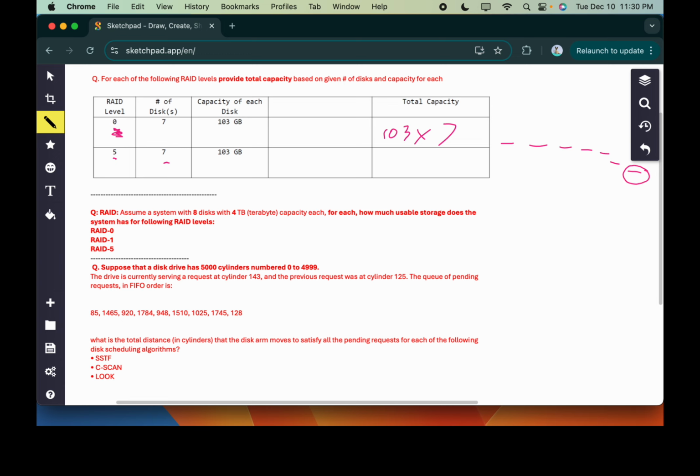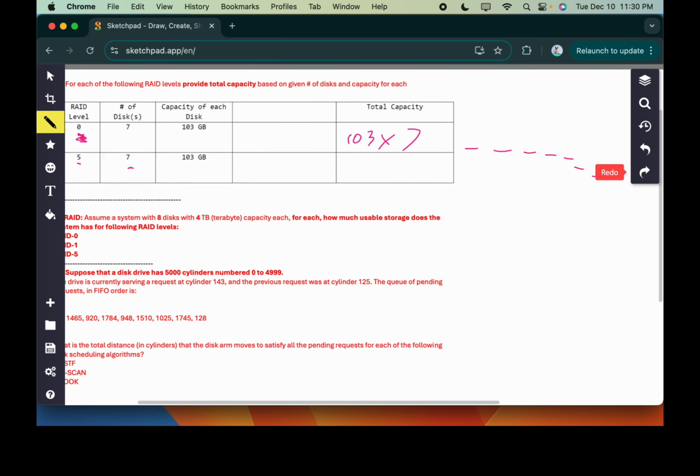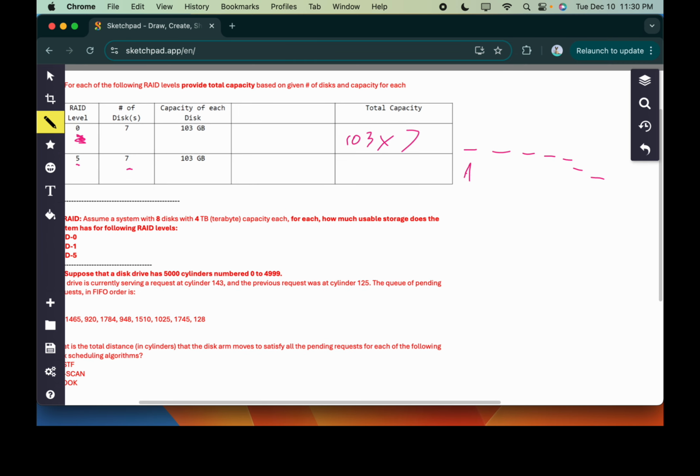But 5 is distributed parity, meaning that A parity is here, B parity is here, C parity, D parity, etc. You get the picture. And now the rest of the data is here too. But if we were to add this all up, there's 1 parity per disk.